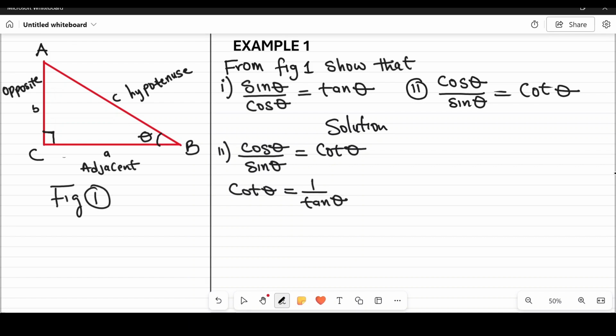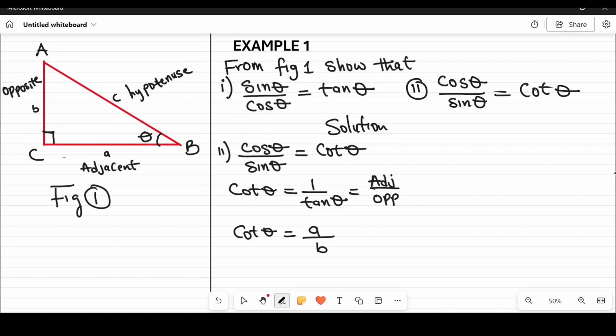We have shown that tan theta is opposite divided by adjacent. Since it is a reciprocal, it becomes adjacent divided by opposite. So our cot theta is, from figure 1, adjacent side CB, represented as A, and opposite side AC, represented as B.